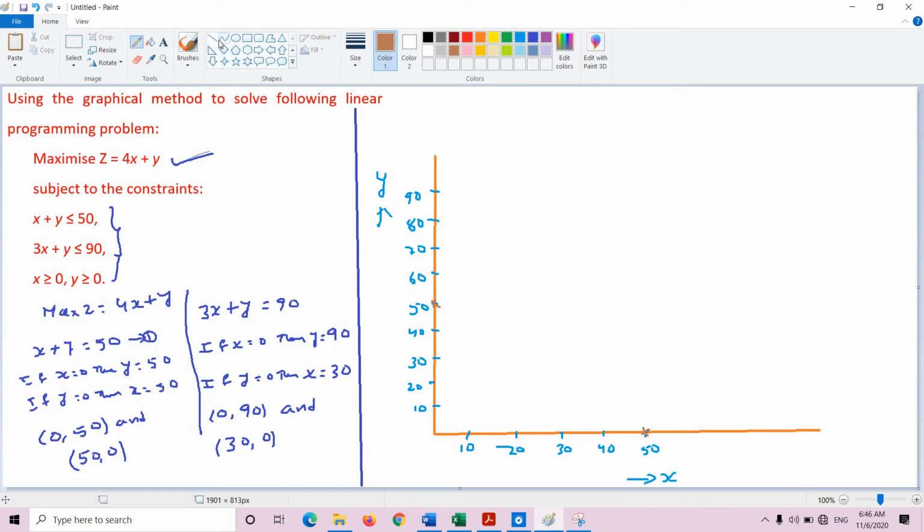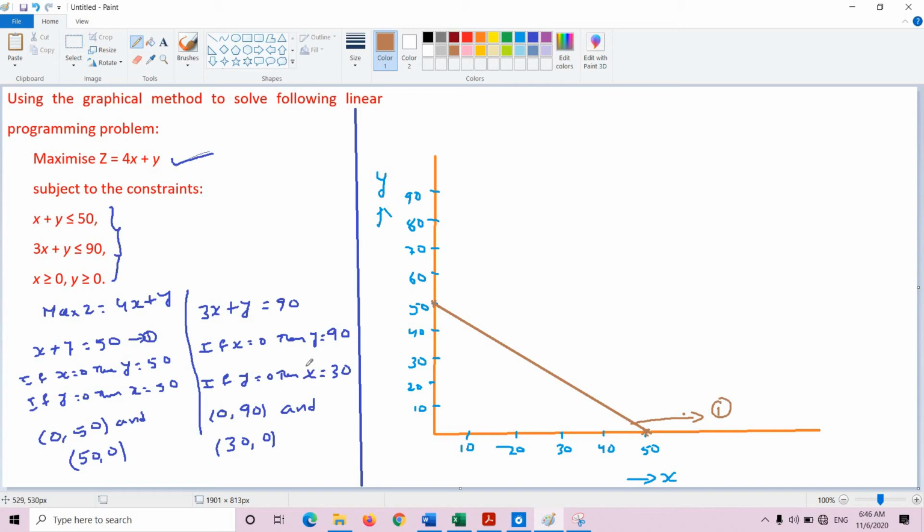We have to join these two points. I joined these two points. This is the equation 1 line. Let me give it the label 1.